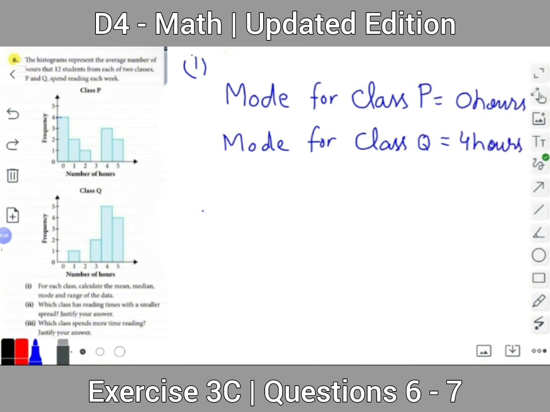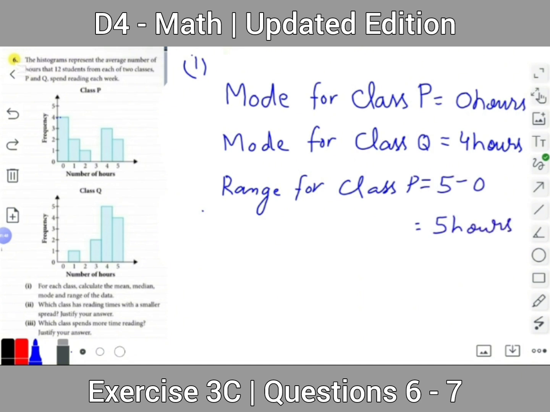Now to find out the range for class B, here we have 5 minus 0, so it will give us 5 hours. So the range for class B is equals to 5 hours.